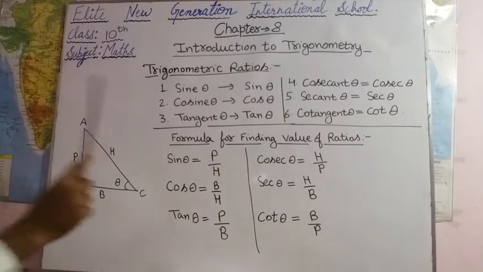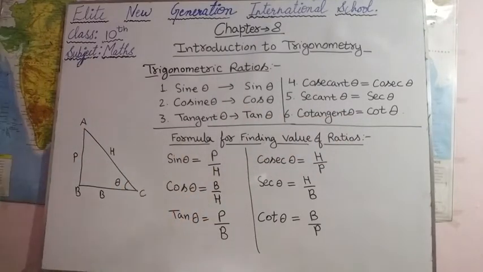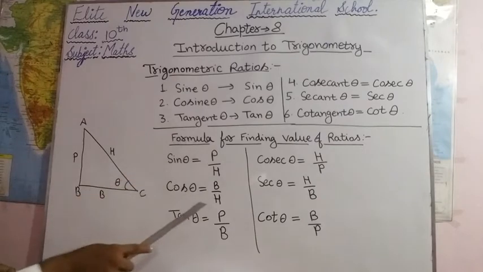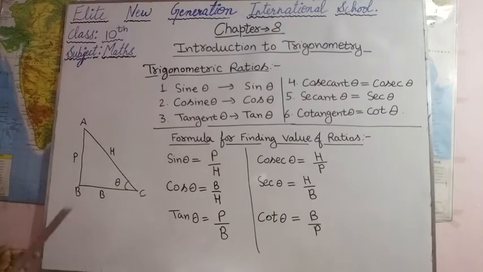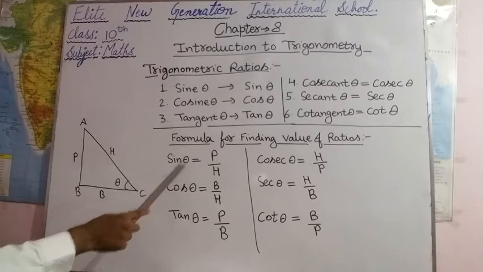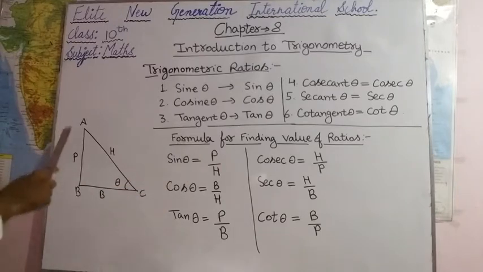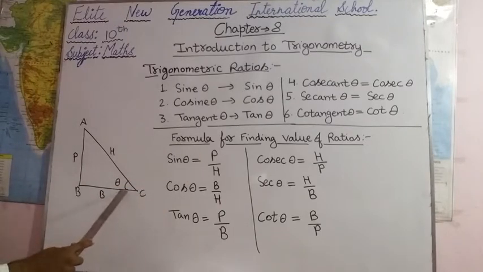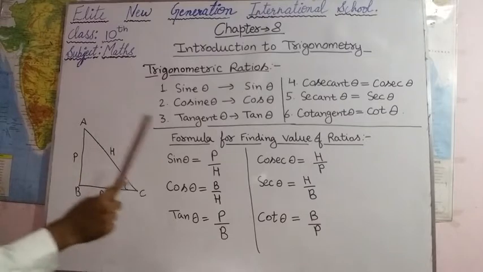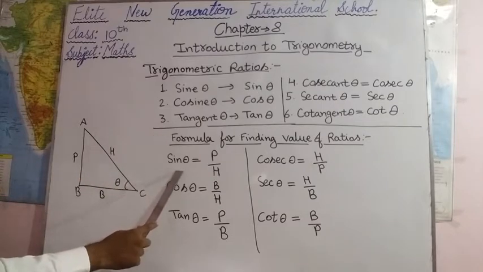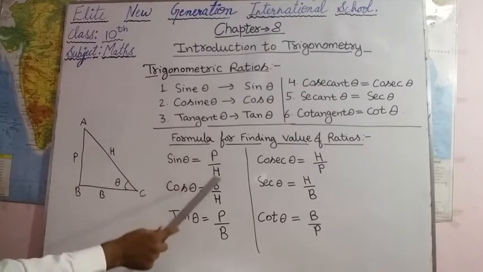So here are the formulas for calculating the value of the ratios. In this triangle, if we take this angle C as theta and we have to find the 6 ratios of trigonometry, the formula for sin theta is perpendicular upon hypotenuse.